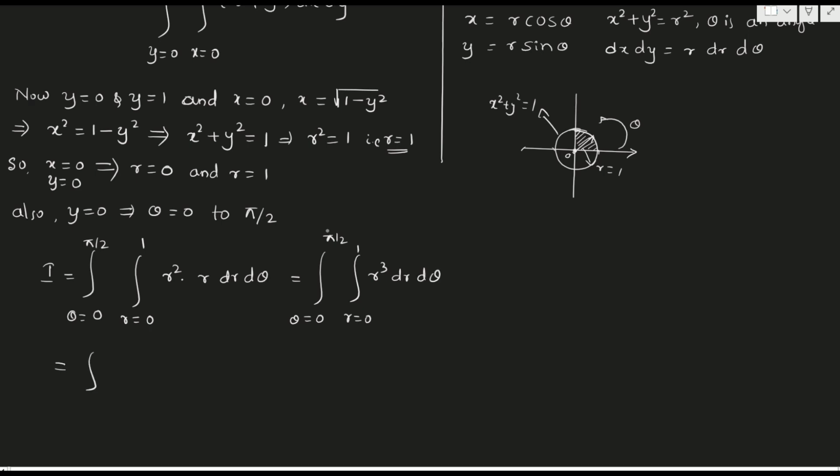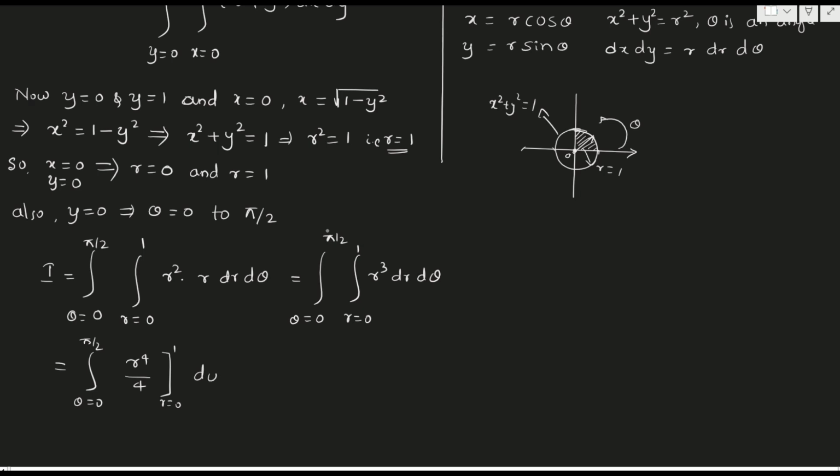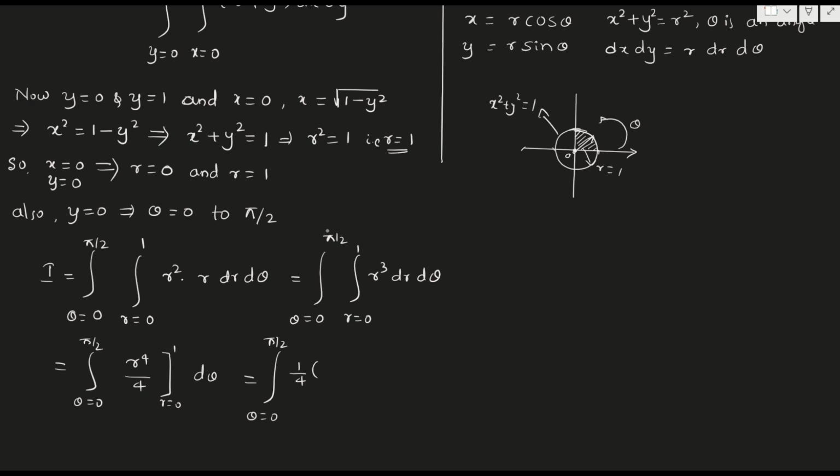So this is equal to theta from 0 to pi by 2. When you integrate r cube, you get r raised to 4 by 4, with limits from 0 to 1, into d theta. Here 1 by 4 is a constant. Applying the upper and lower limits, it is 1 minus 0 into d theta. So integration from theta 0 to pi by 2 gives 1 by 4 d theta.